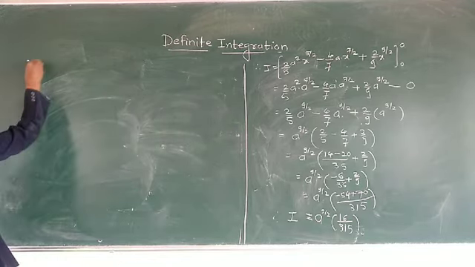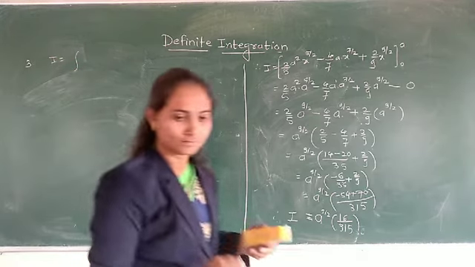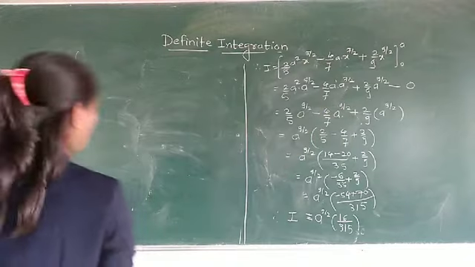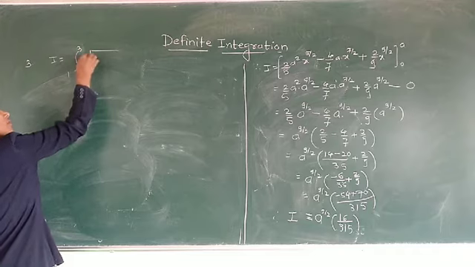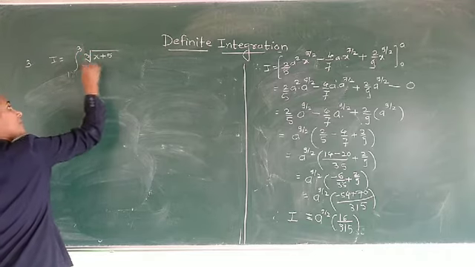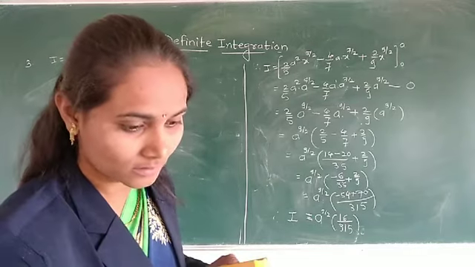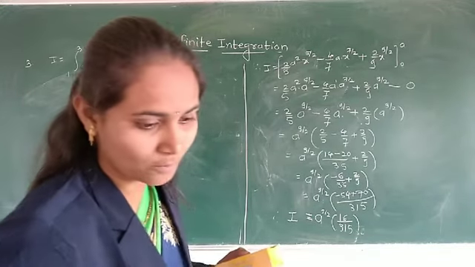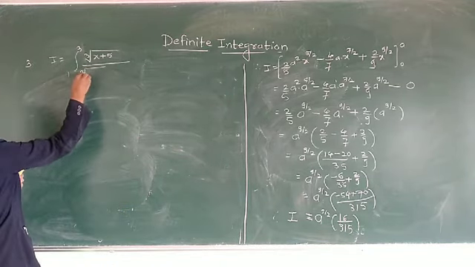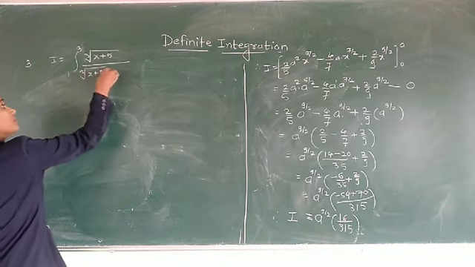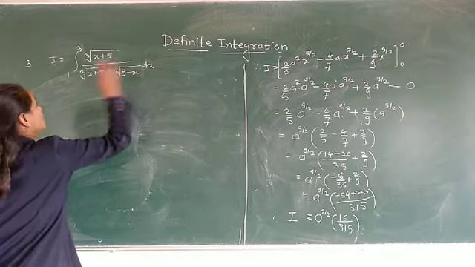Question 3. I is equal to integration 1 to 3, cube root x plus 5, divided by cube root x plus 5 plus cube root 9 minus x, into dx.